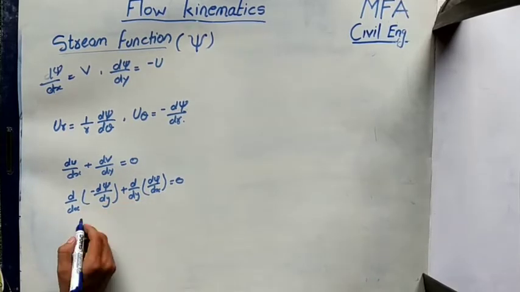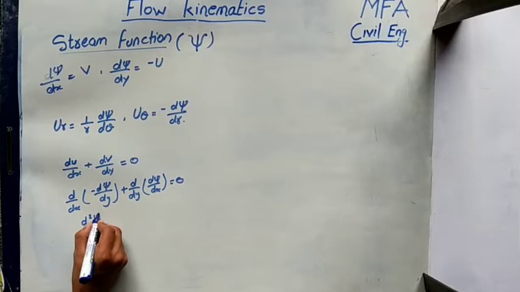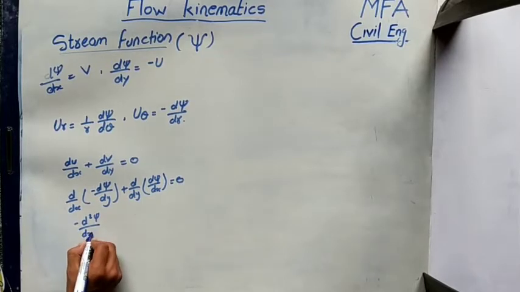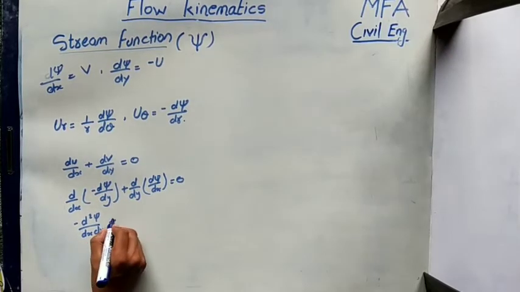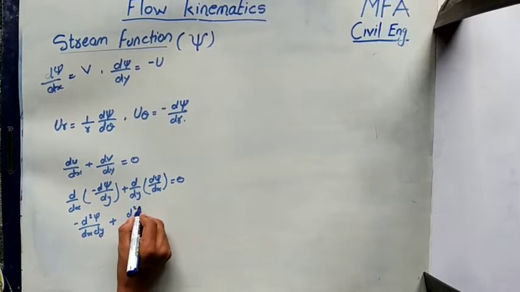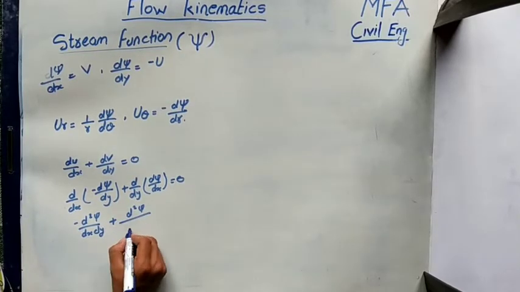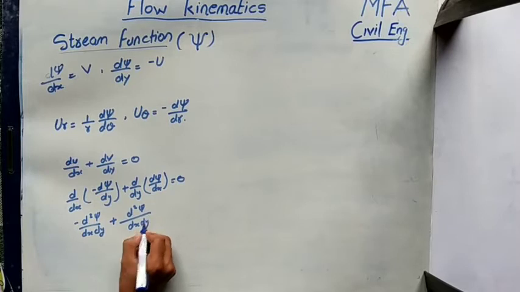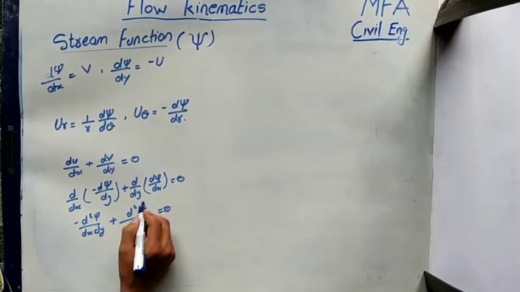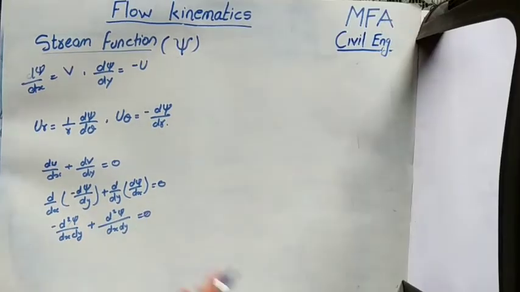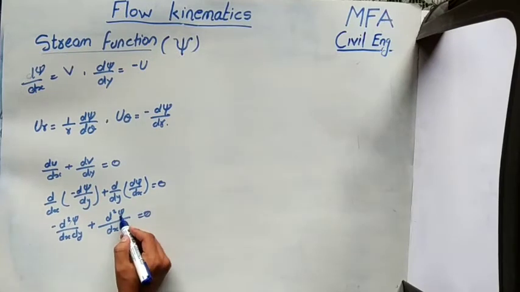Now opening this bracket, it is minus d2 psi by dx dy plus d2 psi by dx dy equal to 0. Now negative and positive get cancelled. It means only when psi is available is there a possible case of fluid flow.